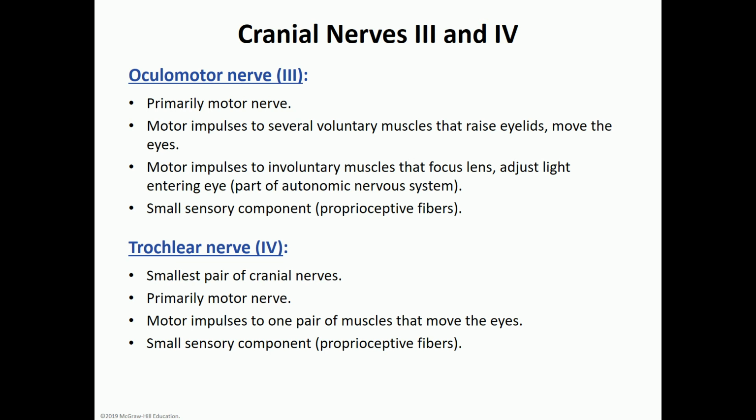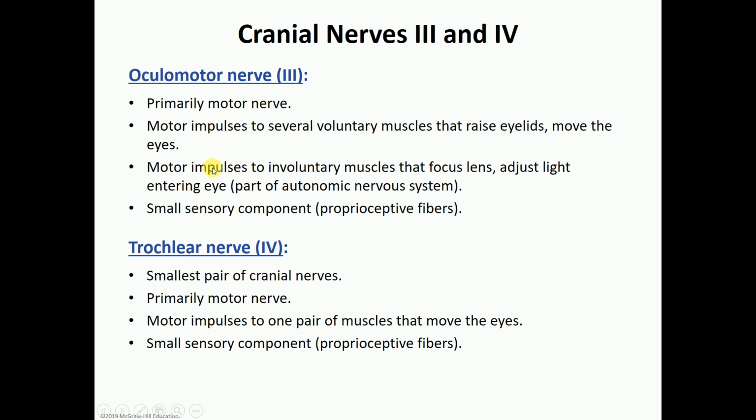They also have proprioceptive fibers to figure out the different positions of the eye. The biggest of all 3 of those, the one that really supplies most of the eye muscles, are these oculomotor fibers, and that's where it gets its name from. I am the nerve that moves the eye. I am the oculomotor nerve.